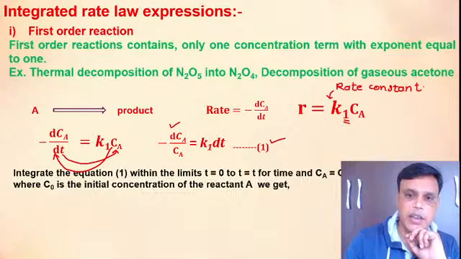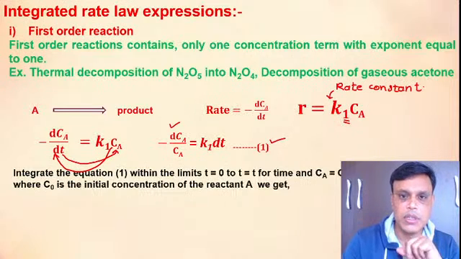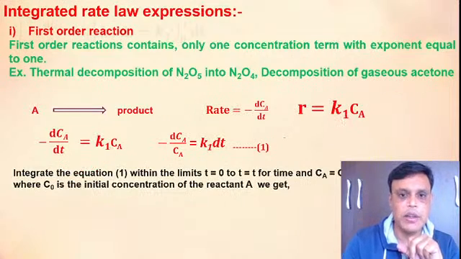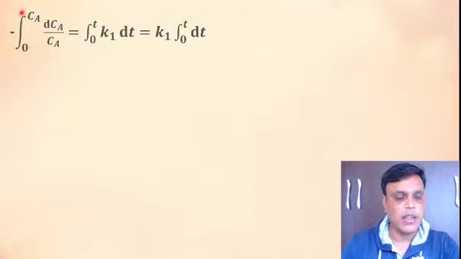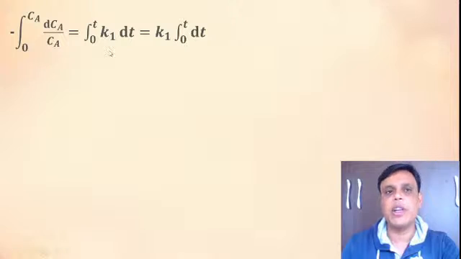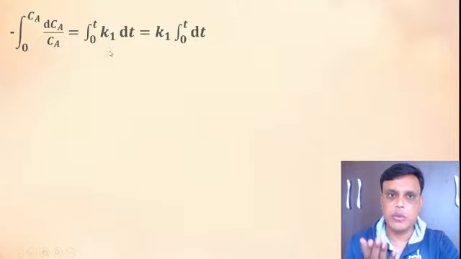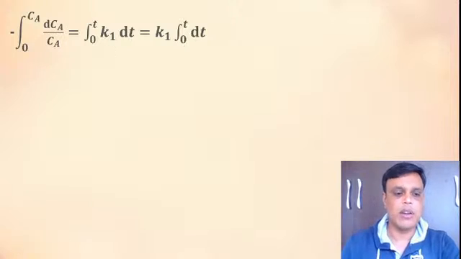After integrating equation number 1, what will we get? We get minus integration C0 to CA dCA by CA is equal to integration 0 to t K1 dt. Here K1 is a constant, the rate constant for first order reactions, so we take it outside of the integration.